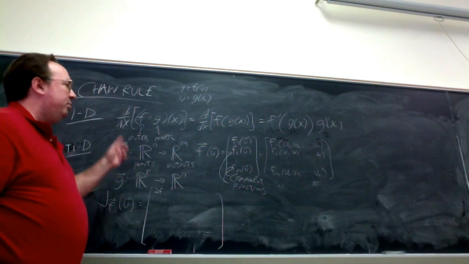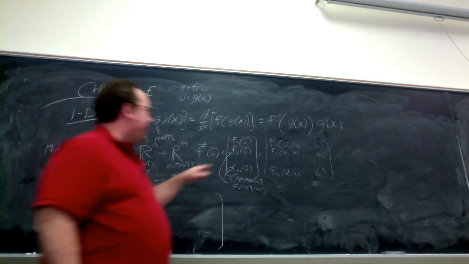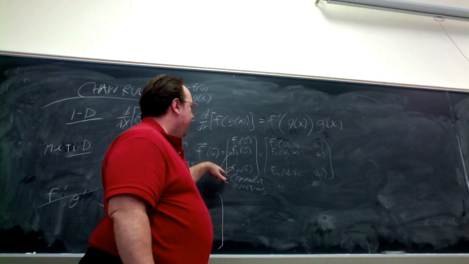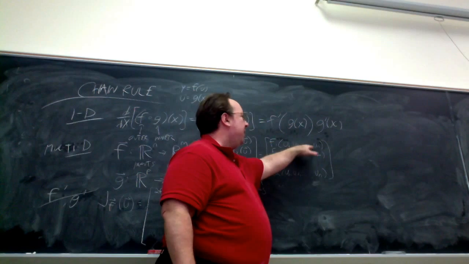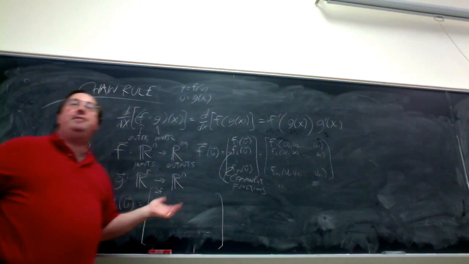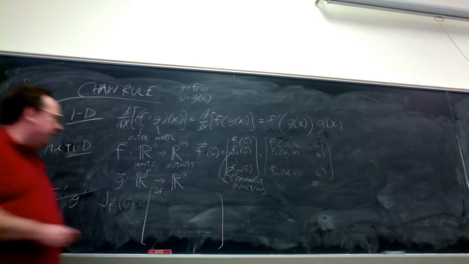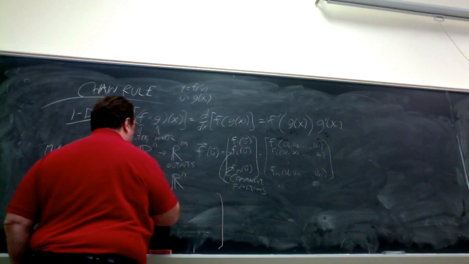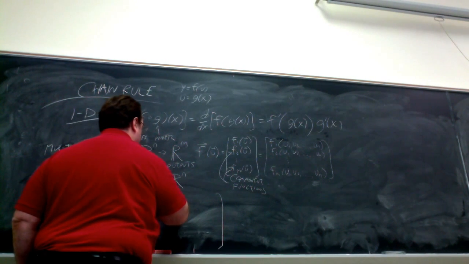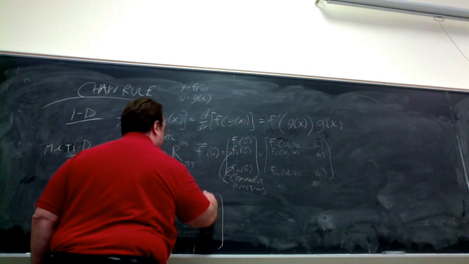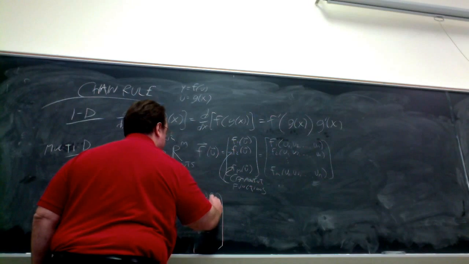Now to take derivatives, we have to take the derivative of each one of these m component functions with respect to each one of the variables. Like if you have a function of 3 variables, x, y, z, you need partial derivatives with respect to all 3. So I can have the partial of f1 with respect to u1, partial of f1 with respect to u2, and I keep going, partial of f1 with respect to un.